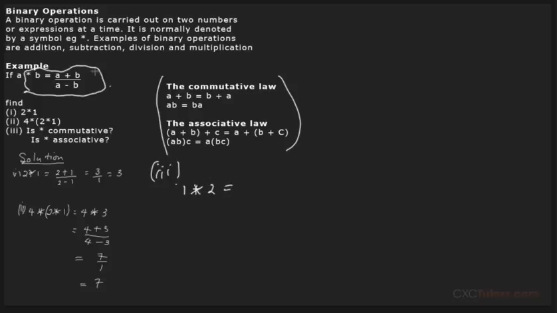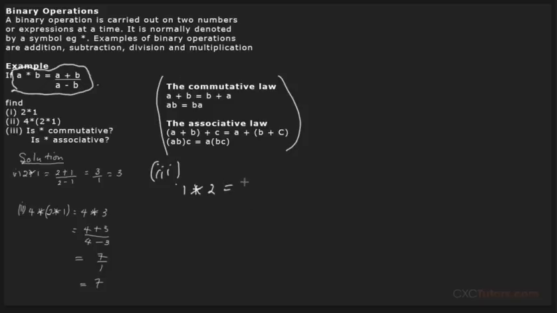is equal to, again, we go back to what A star B is. A star B is equal to A plus B over A minus B. So if A star B is equal to A plus B divided by A minus B, then what is 1 star 2 equal to?